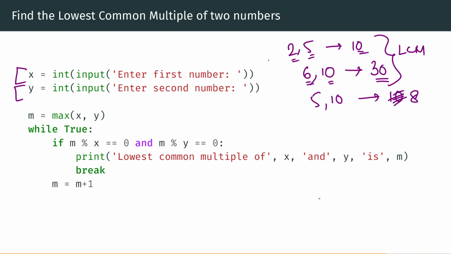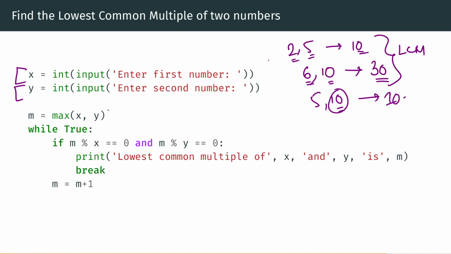It's simply not possible, because 8 would not be divisible by 10. So at the very least, the LCM would be as big as the largest number, which is in this case 10. It cannot be less than 10. So this is the observation that we use. But you can also start with 1.